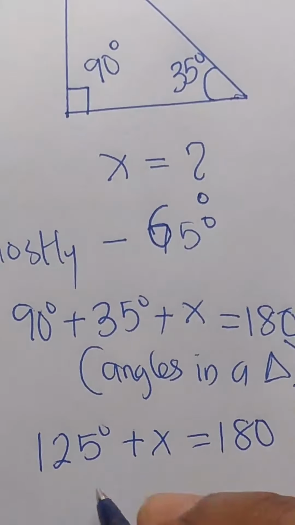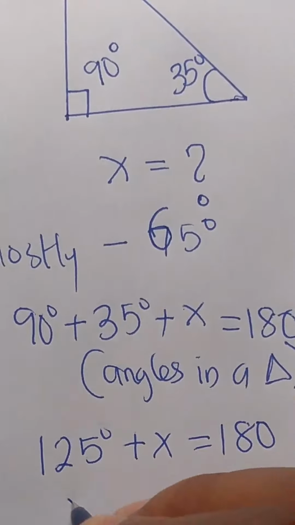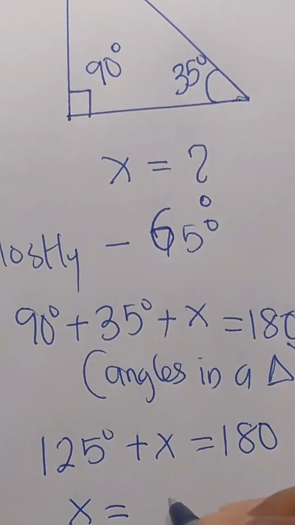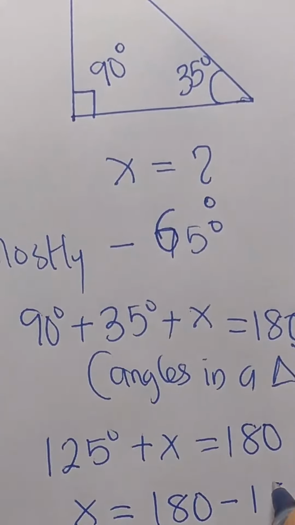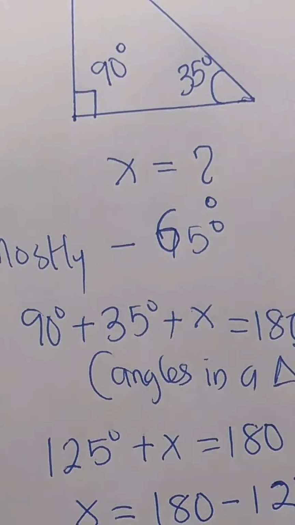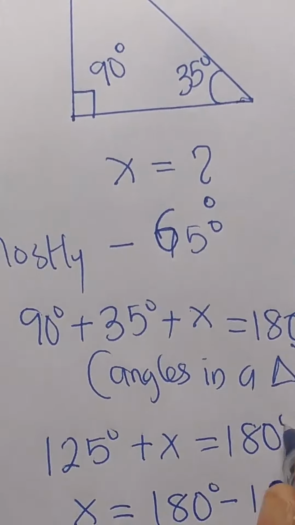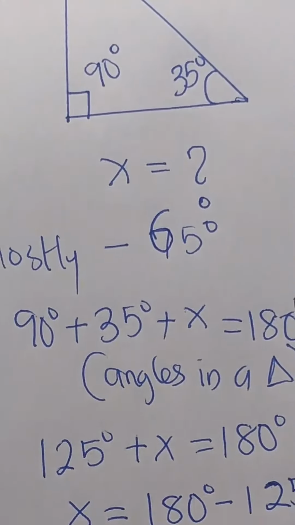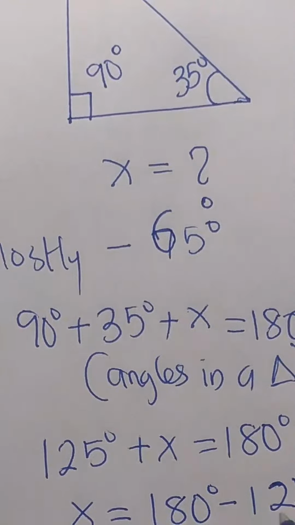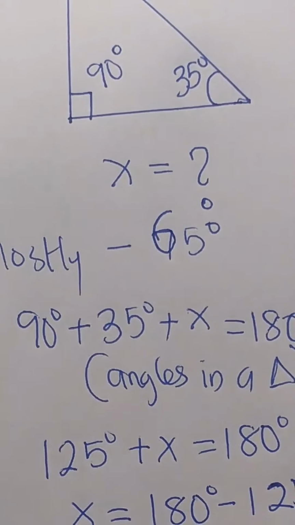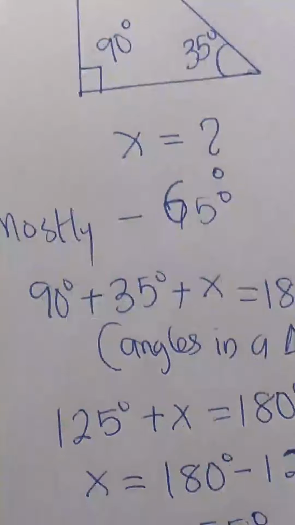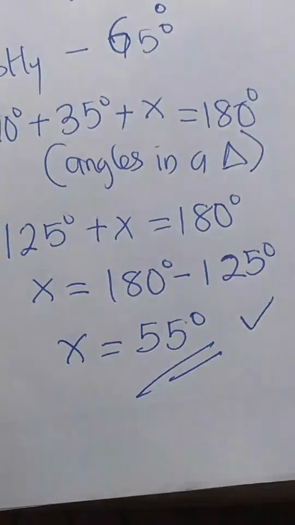So we solve for x. x is equal to 180 degree minus 125 degree, so our x is equal to 55 degree.